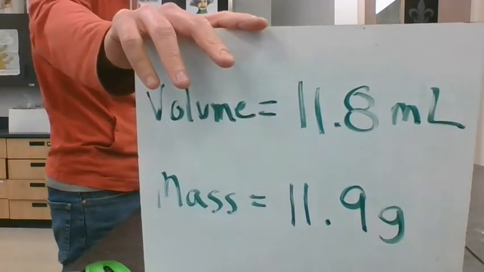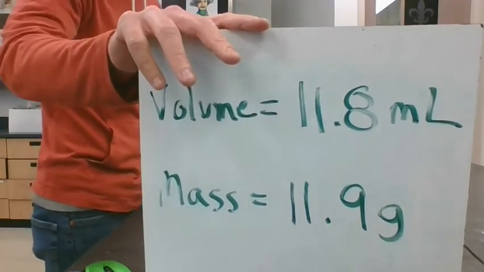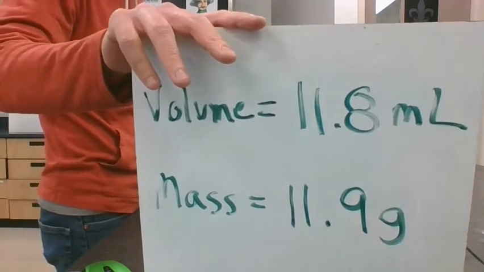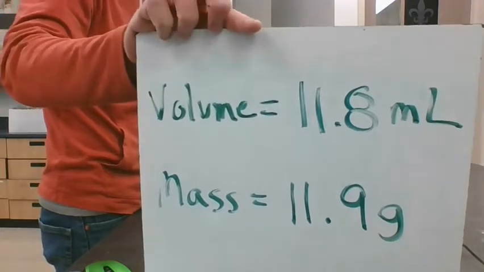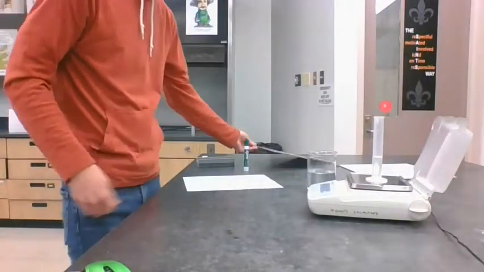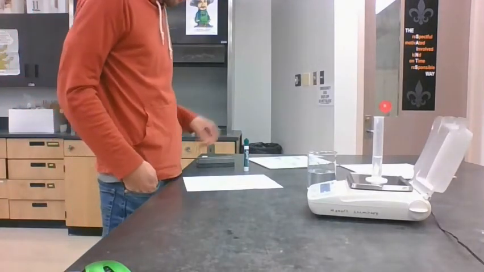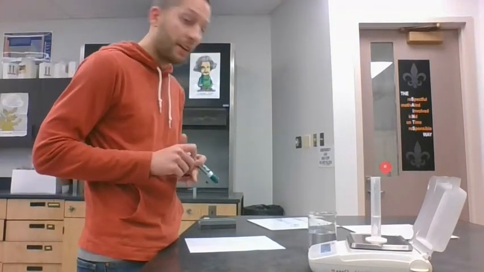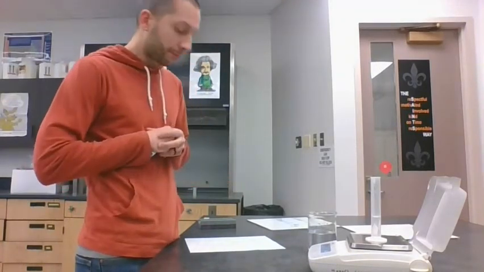Now your next step on this lab is to take the data that you just recorded and make a graph on the graph paper that's provided. You're going to plot the points for the aluminum in one set and make a best fit line. You should get a straight line, and then find the slope of that.